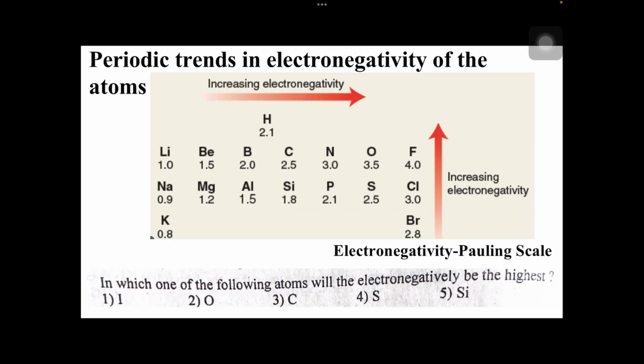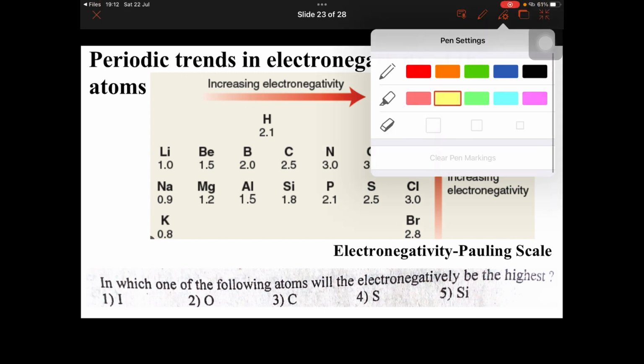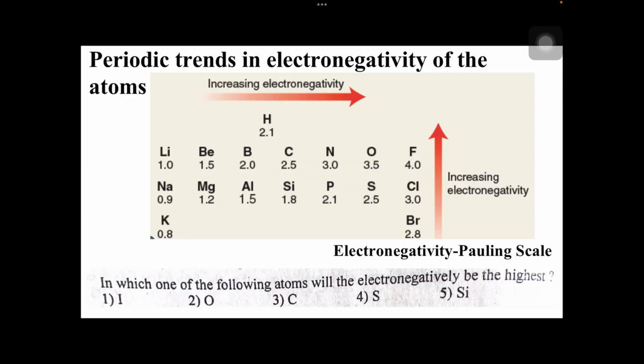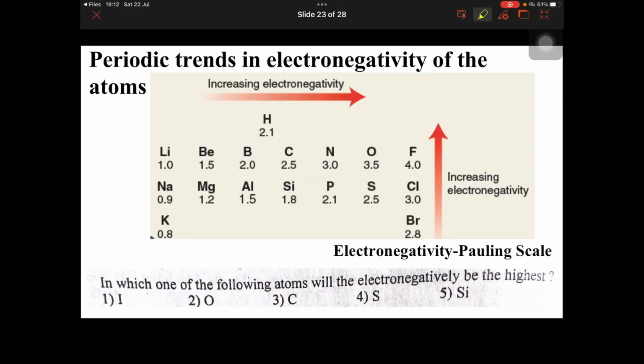Next. Now there is something called the Pauling scale of electronegativity. So what does that mean? Actually, a person called Linus Pauling has come up with some values to represent how electronegative these elements are.